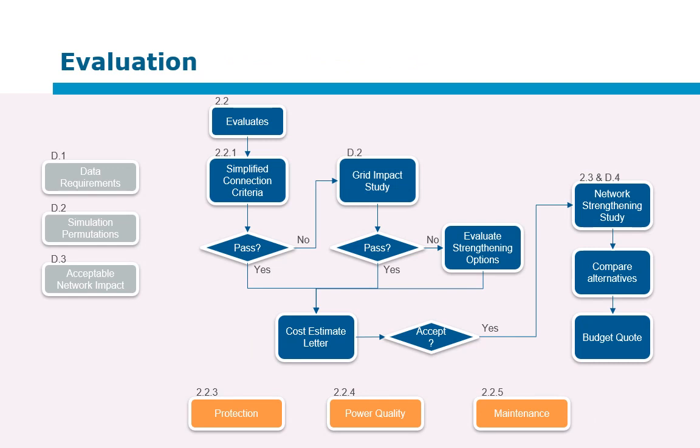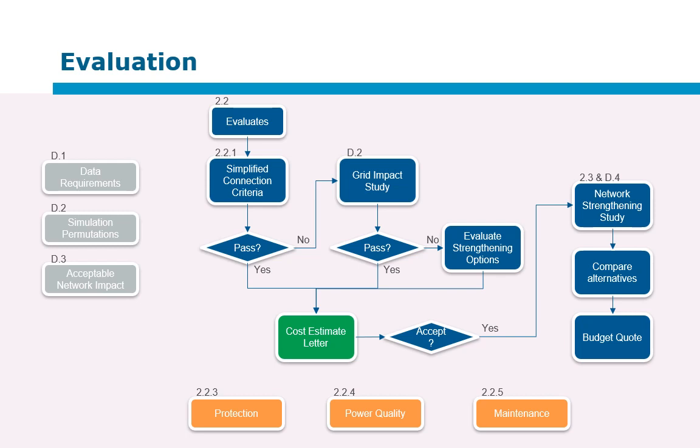So the output of the step 2 evaluation is the cost estimate letter. Now note that this is only indicative and usually doesn't evaluate the impact of potential other generators that's also applying at the same time.